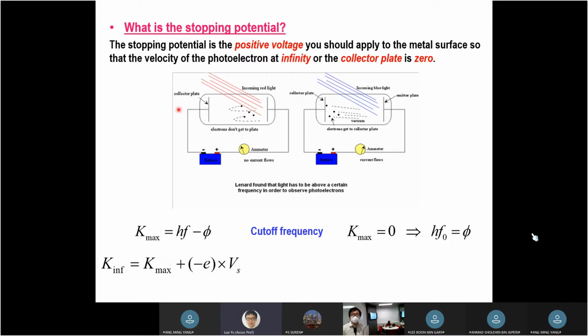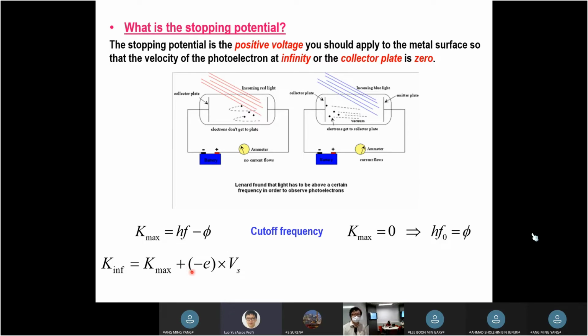The other thing is the kinetic energy. Because the kinetic energy of the electron emitted from the source plate cannot be directly measured, we need to put it in a potential and find out how large a photocurrent is generated at the collecting plate. We assume the electron at the collecting plate has K infinity, because normally we think the two plates are far apart. This K infinity should equal the emitted electron's kinetic energy plus its potential energy.